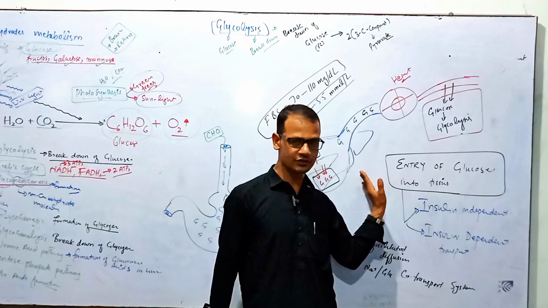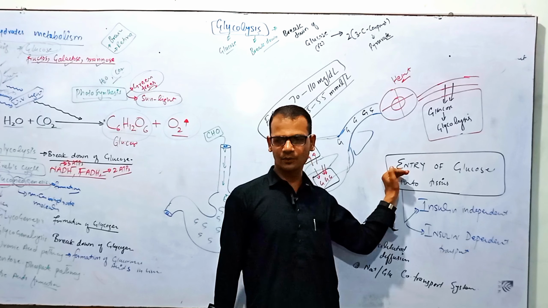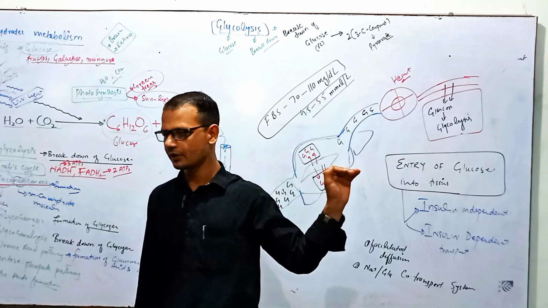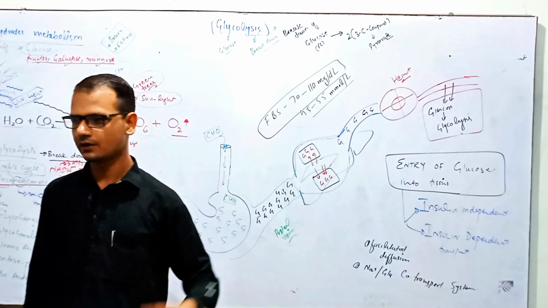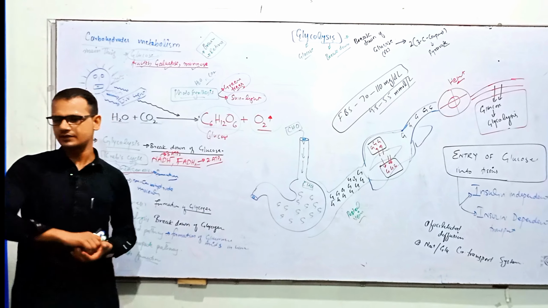Right, so these are the transport systems. Now we will discuss the transport of glucose from the liver into the blood, from the blood into tissues, and from tissues into the blood. Right, so any question in this?